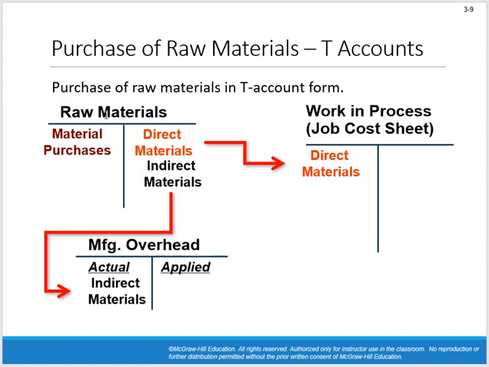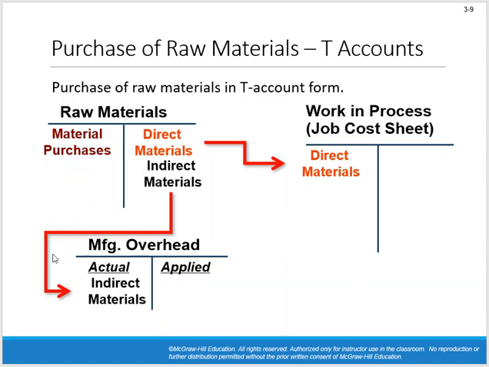In our raw materials, when we purchase the raw materials, that creates a debit to raw materials. And then we're going to be requisitioning materials into our jobs. So direct materials are going to go into WIP, and indirect materials go into MOH. Now remember, MOH acts like an asset for debits and credits in terms of our journal entries and T accounts.